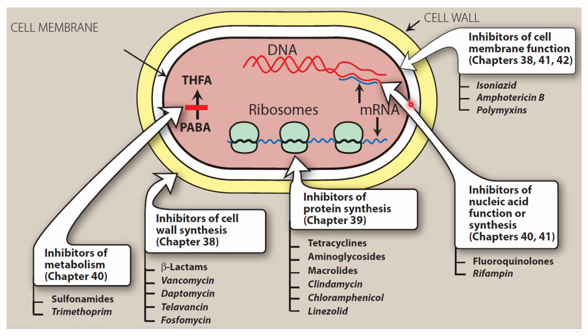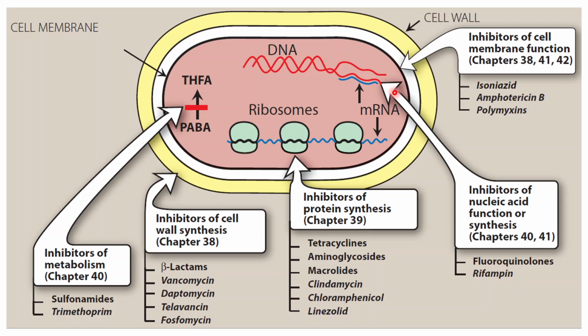And the fourth but not the least one: these are the inhibitors of nucleic acid function or synthesis, so DNA and RNA synthesis inhibitors, and these are actually the only one group of fluoroquinolones, and rifampin, actually used for the treatment of tuberculosis.